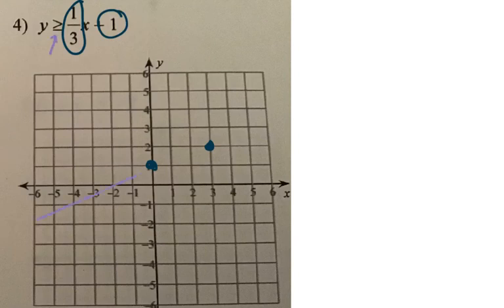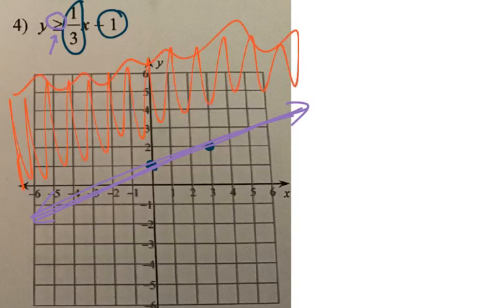So I'm going to make my line solid again. Okay. And then it does say greater than as well. Guys, what does greater than mean? I want to be more. I want to be greater. I want to be above the line. Greater than means more, right? So I'm going to go above.